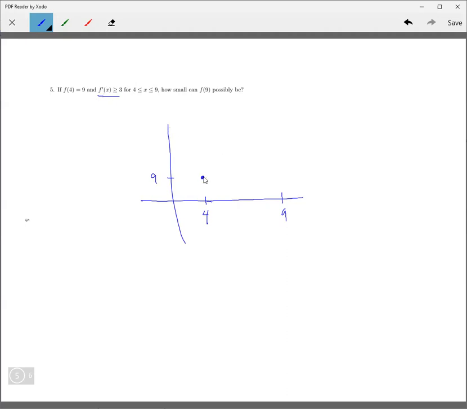If you draw a line with slope 3, where is it going to intersect over here? Well, this distance is 5, so that's 9 plus 15, or 24.